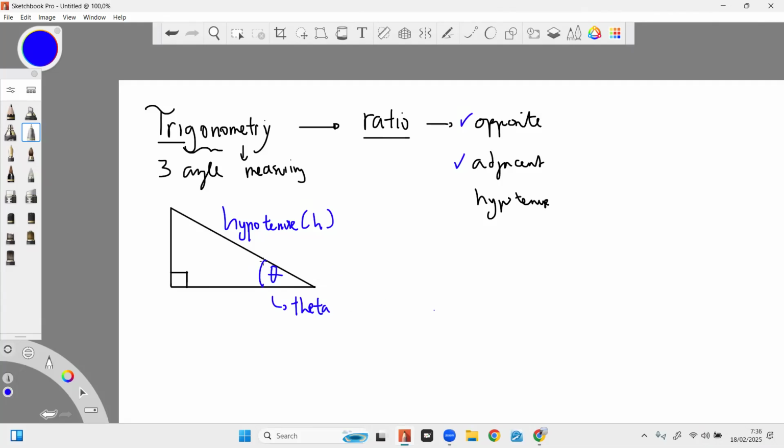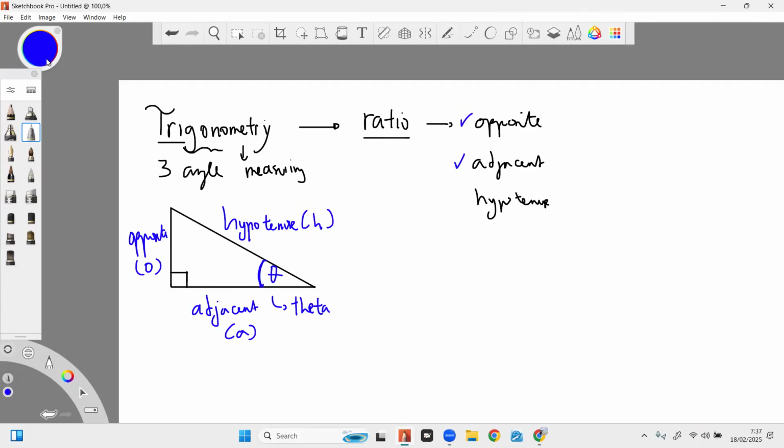If I have this as theta, the side that is opposing theta is called opposite, as simple as that. Opposite, O. And the side that is next to it is called adjacent, A. Now we are comparing two sides for each pair.